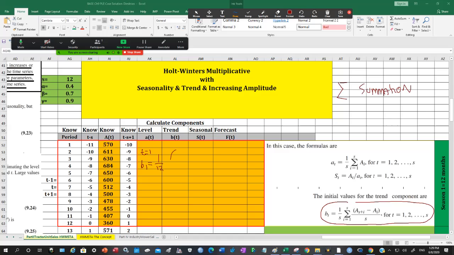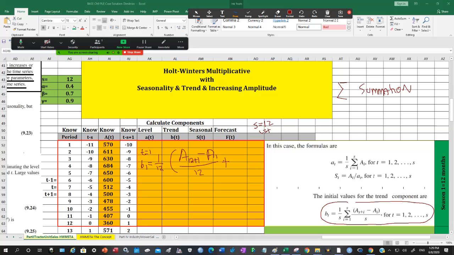So when I is 1, then you have A, S is 12. I is 1, so this is actual of 12 plus 1 minus A of 1 divided by 12. Then I becomes 2.